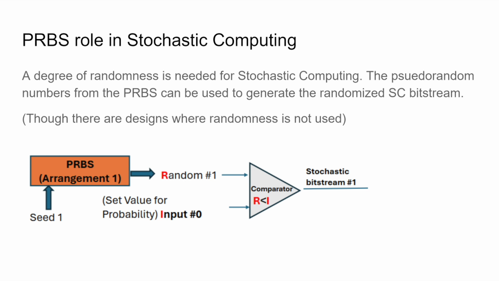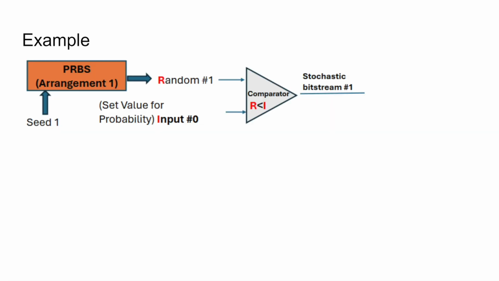This randomness can come from the pseudorandom numbers generated by the PRBS, though there are designs where the randomness isn't strictly necessary. As an example, let's say you had an input of 1000, and that's your set value, or the probability that you're aiming for.